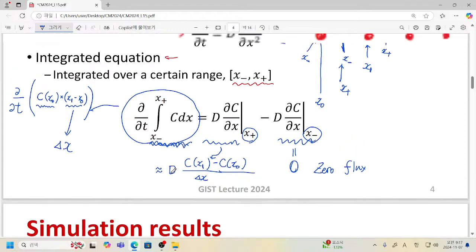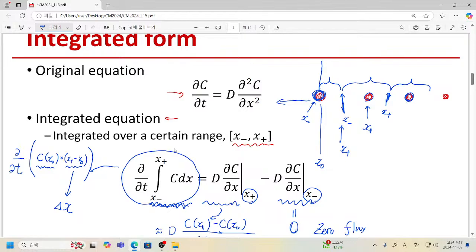So if we consider, for example, this point, then their difference is written as delta x. However, we are now talking about the boundary point placed at the leftmost position, and in this case the difference between two boundaries of our integration would be just half of it. So that will give us this number.